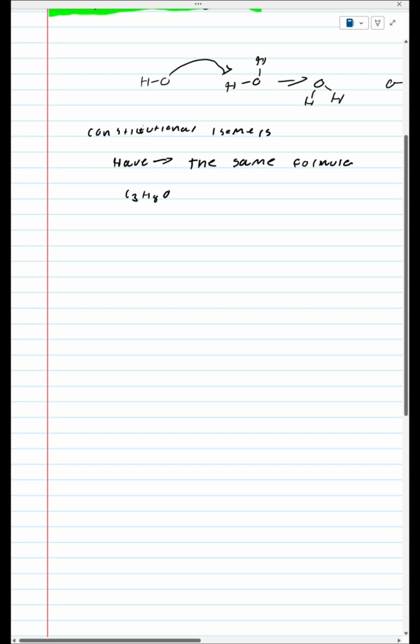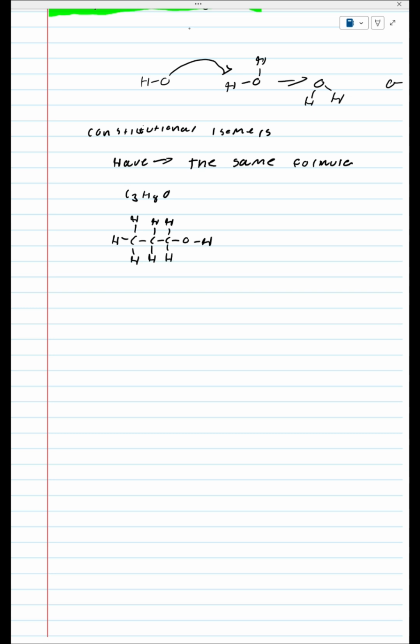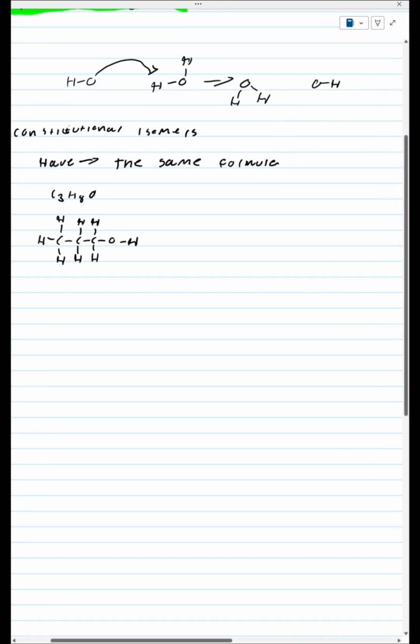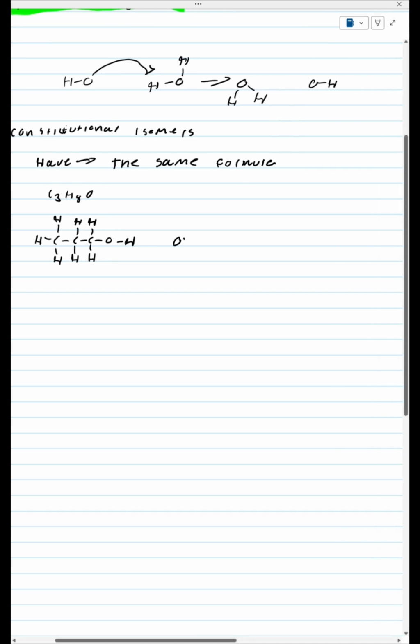So we have C3H8O, we could possibly draw it like this. We could draw it like that, or we could even draw it like this.